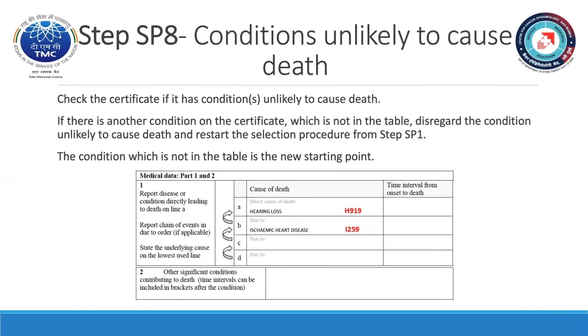Check the certificate for conditions unlikely to cause death. If there is another condition on the certificate which is not in the table, disregard the condition unlikely to cause death and restart the selection procedure from step SP1. The condition which is not in the table is a new starting point.